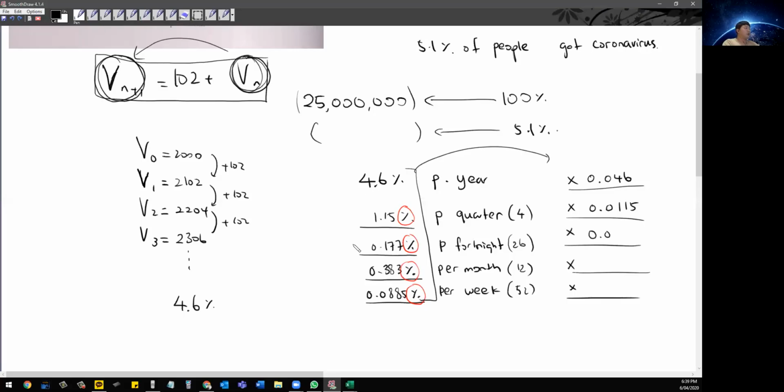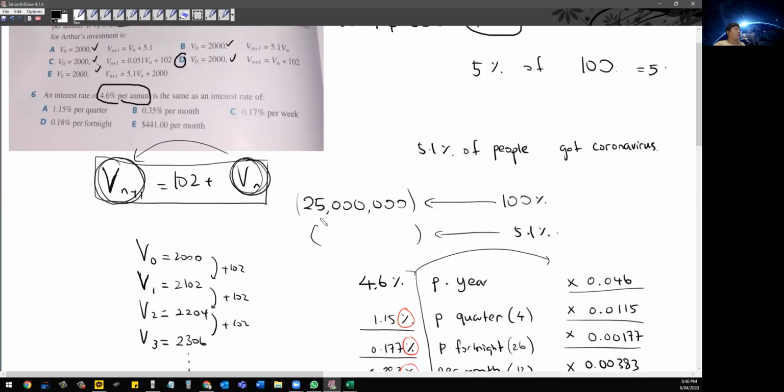If you put 2 zeros there also, then you get 0.00177, understand? You just have to put 2 more zeros. Put 2 more zeros here, it'll be 0.00383. Make sense? And what about this one then? 0.000885. Understand?